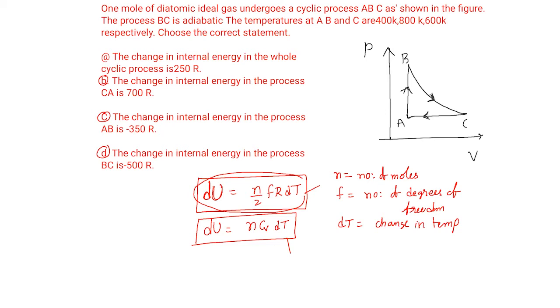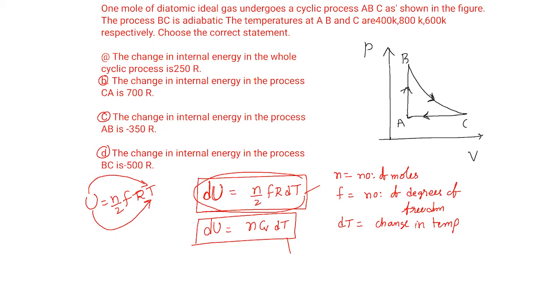So this is the formula for change in internal energy. Generally, internal energy is n/2 f R T. So clearly, children, for that gas, internal energy depends only on temperature, and it is a state function.